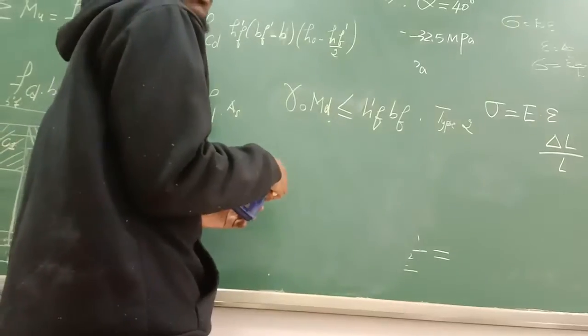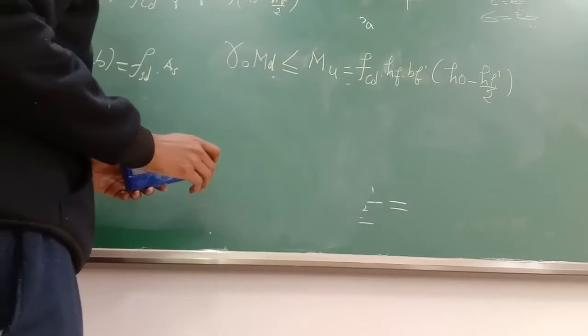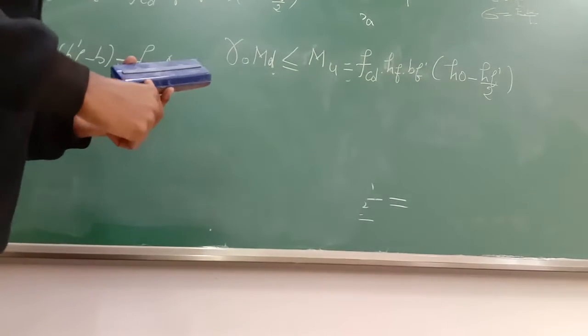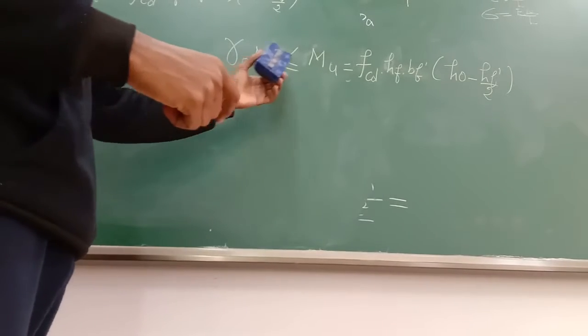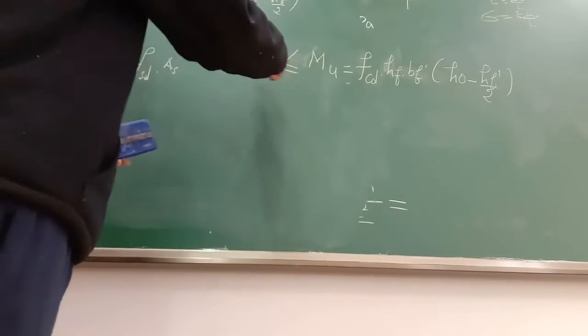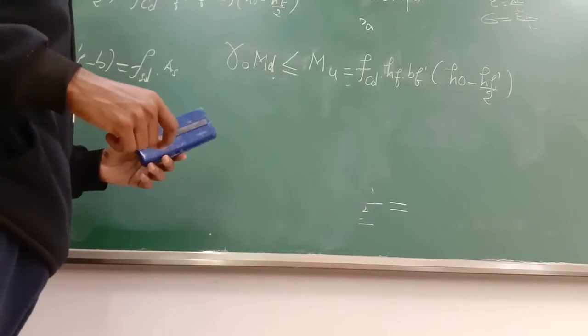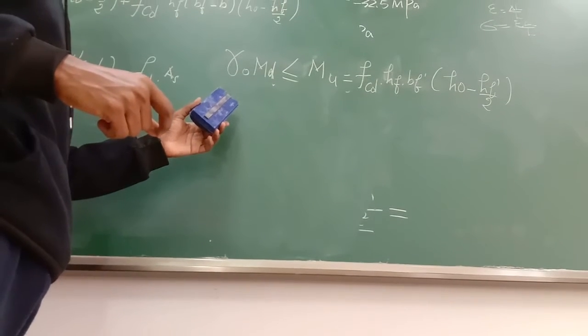Type 2. So for this situation, if MU is larger than M0 MD, which type does it belong to? If MU is larger, it's type 1.